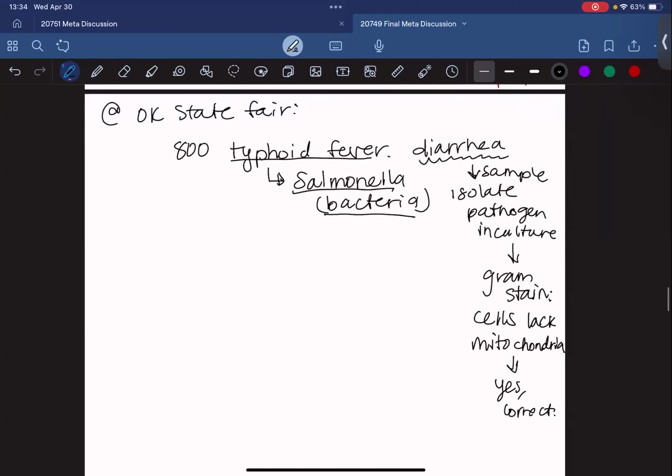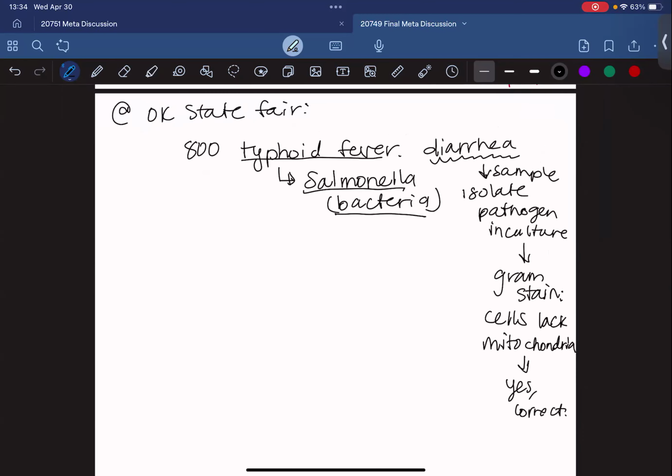All right, so we've got 800 people with typhoid fever over the course of the entire week of the fair. So we have collected a large sampling of people that just attended the fair altogether. So all of our attendees either have typhoid fever, they're positive for the disease, or we have attendees that never got the disease.